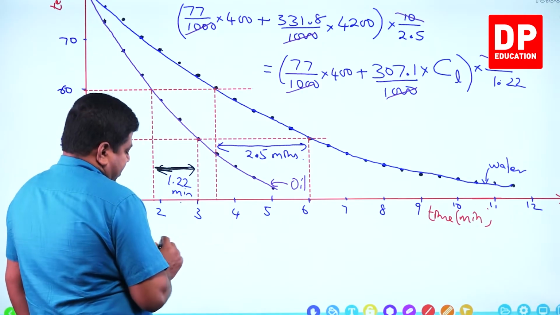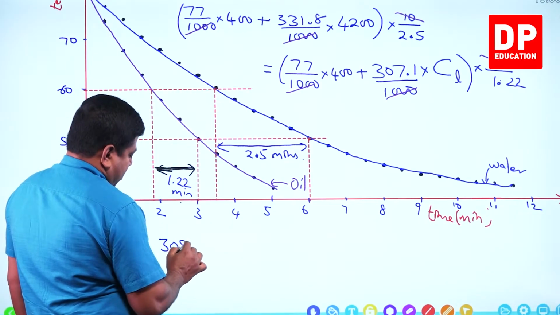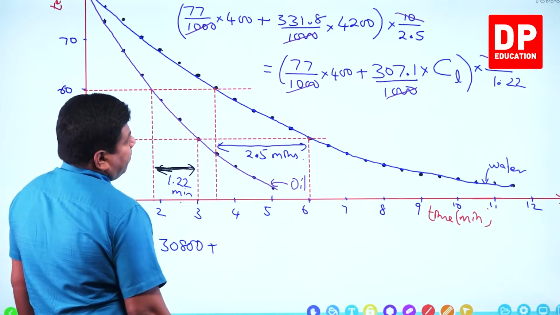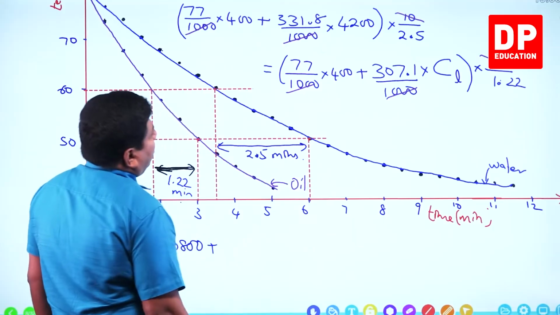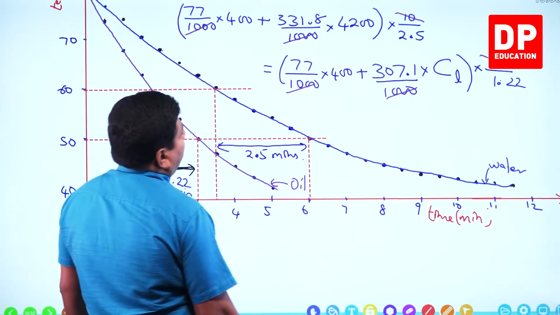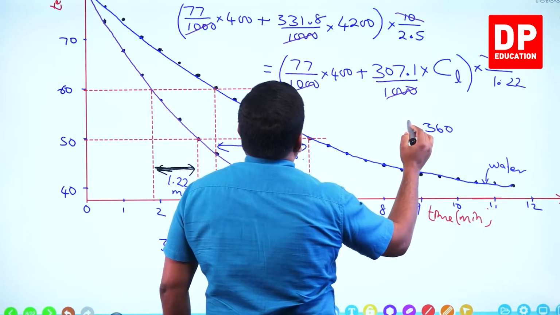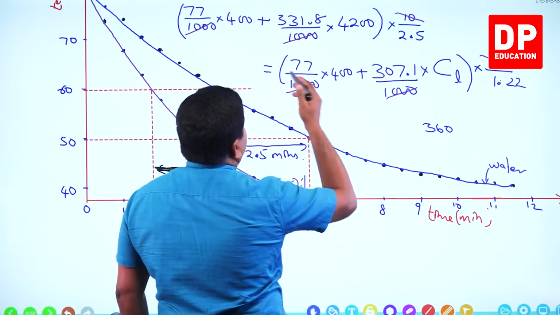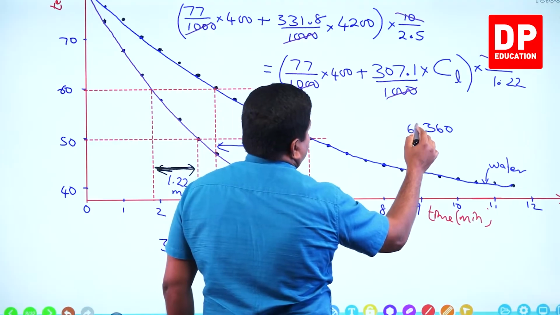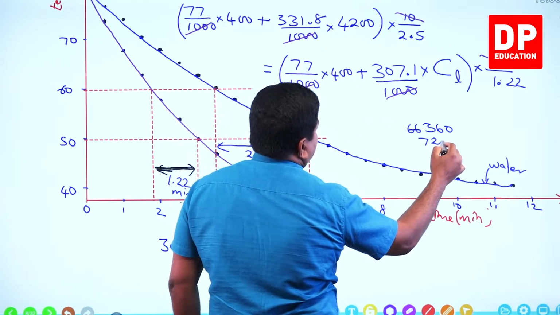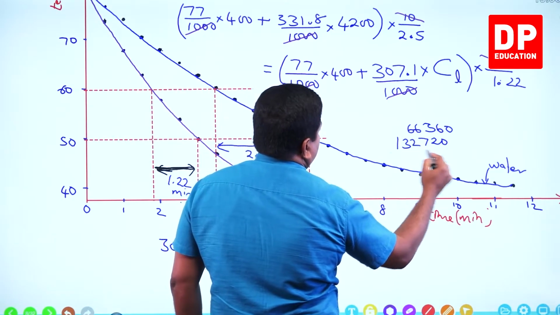77 into 400 is 30,800. This one, 331.8 into 4,200. When I multiply by 2, that's 360 and 66. When you multiply by 4, it has to be double of this, right? 720, 132.